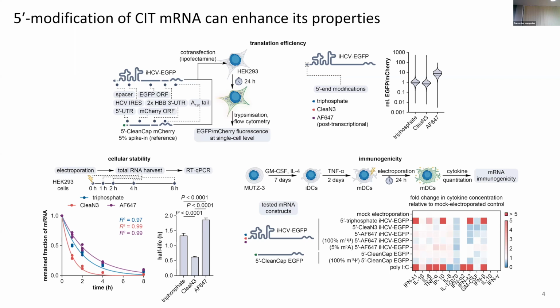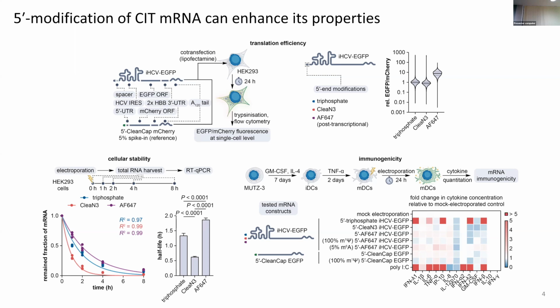So we took a further look at other properties of the mRNAs, like cellular stability and immunogenicity, to find out that the version with the dye at the 5' end was more stable than the 5' triphosphate, but actually the 5' azide was less stable.